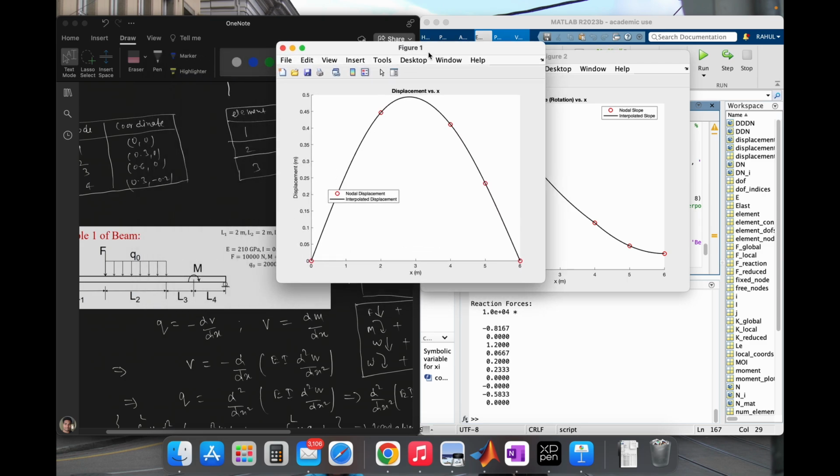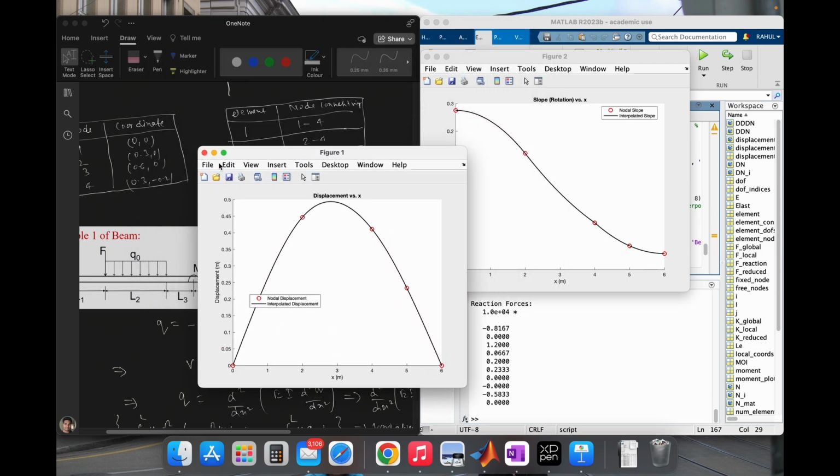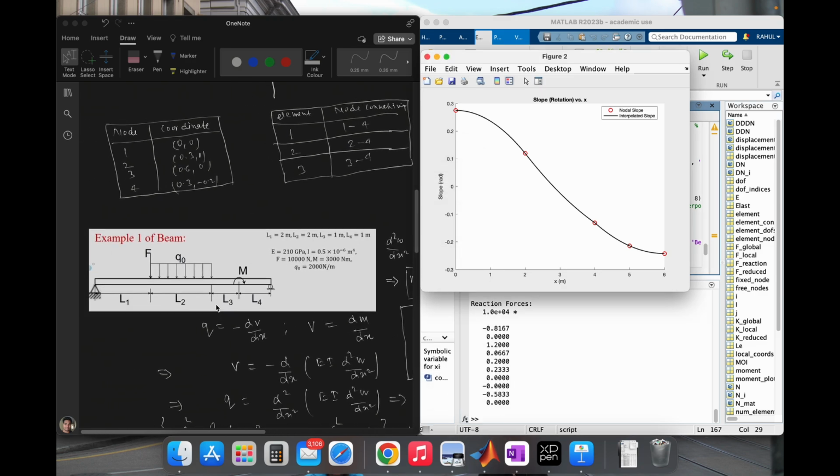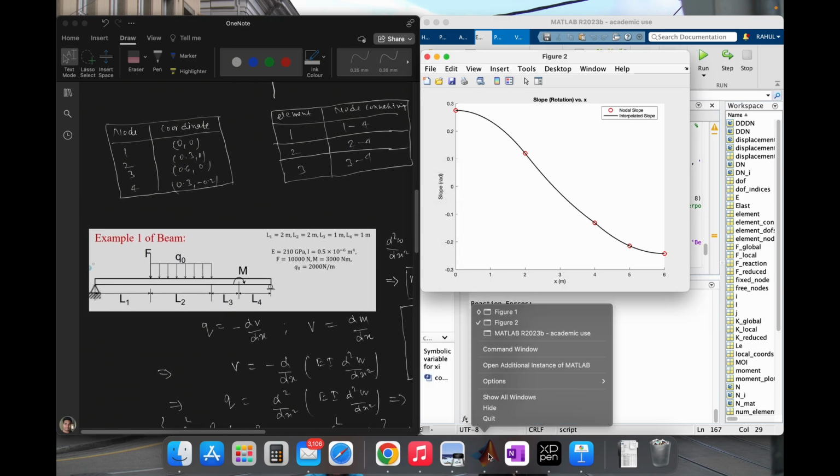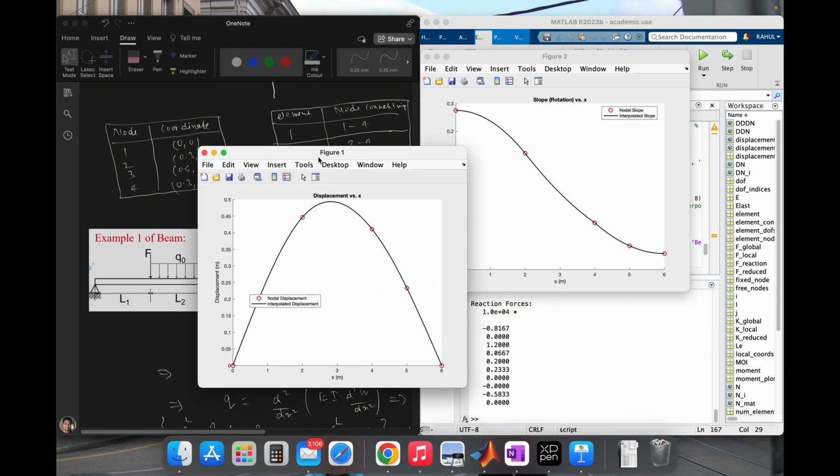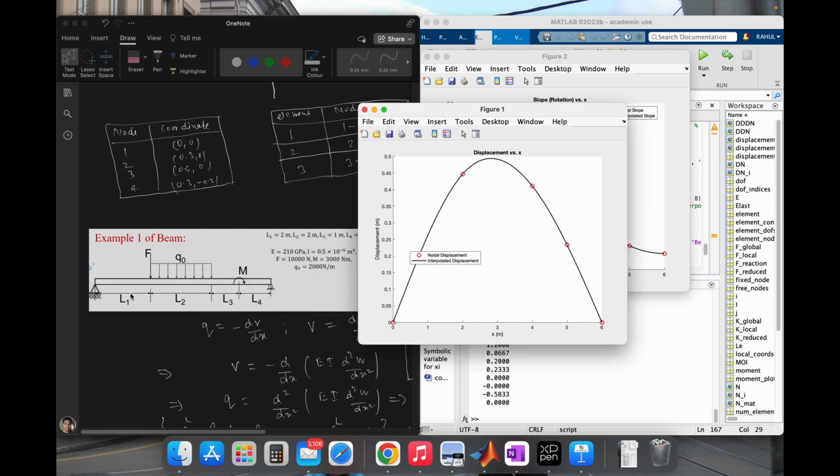Now if we analyze the slope, in figure 1 we can see that the displacement at node 1 and node 5 are both 0, but in between it will be the maximum.